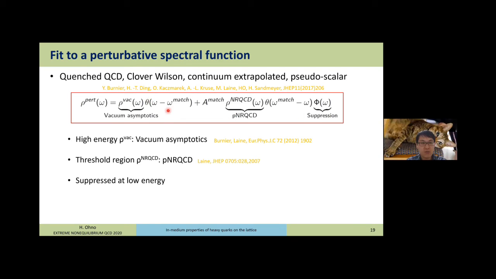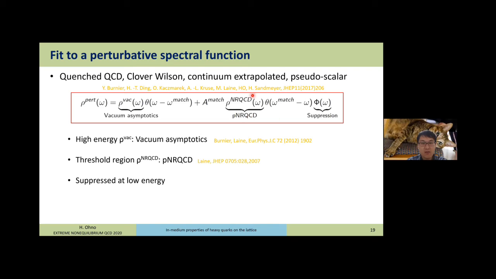One is just a vacuum asymptotics, which can be calculated from perturbation theory. So this corresponds to the high energy part, and also some threshold part, which can be given by the so-called PNRQCD calculation.